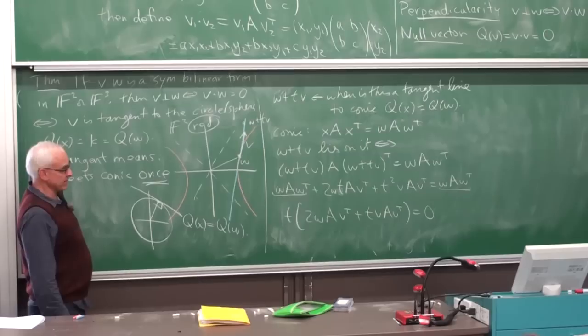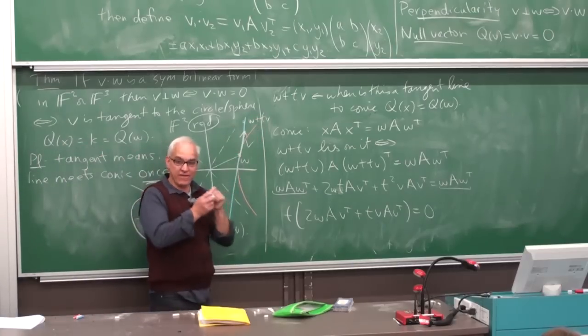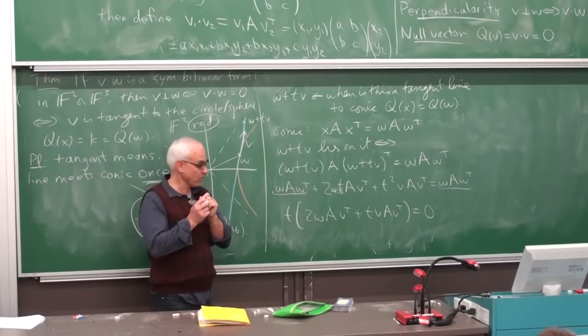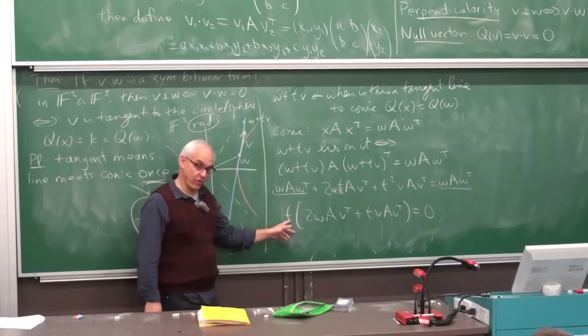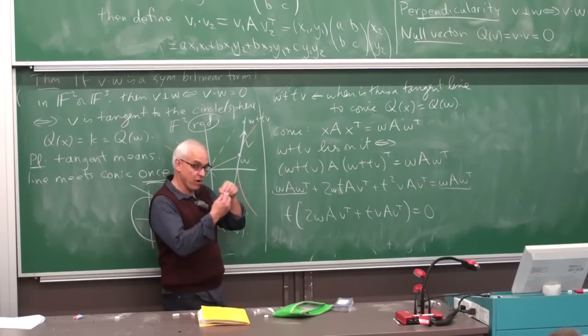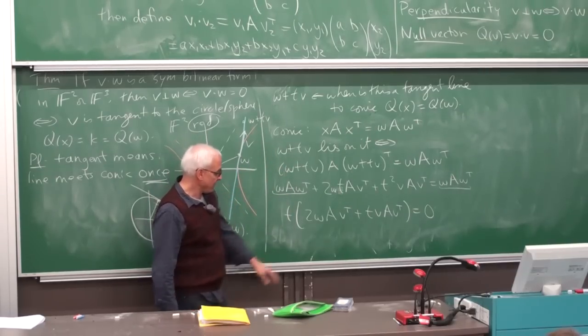And we're asking, when does this have only one solution? For which V's does this have exactly one solution? Well, one solution is T equals 0. That's always going to exist. That corresponds to the point W that's actually on the conic.